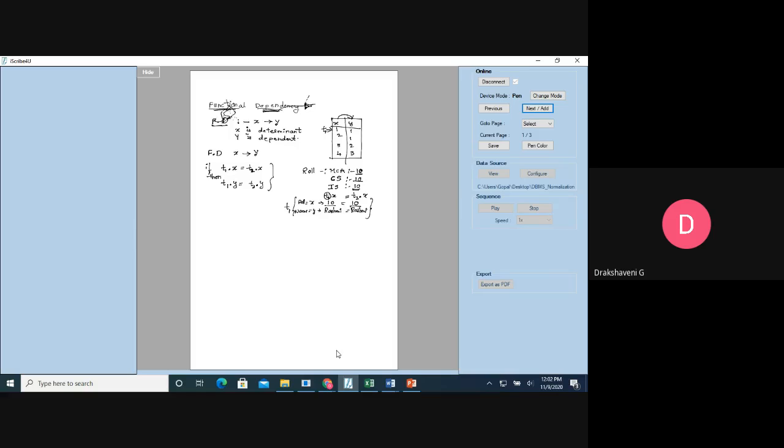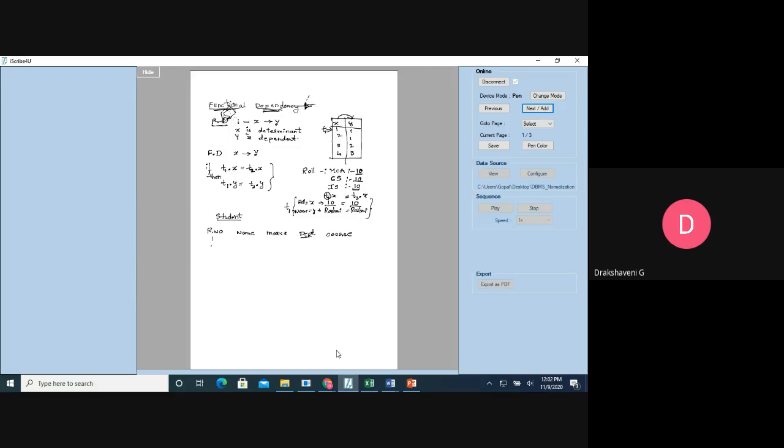Okay. So let us take one small table and see how. The columns are roll number, name, marks, department, then course.